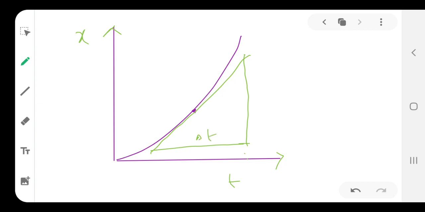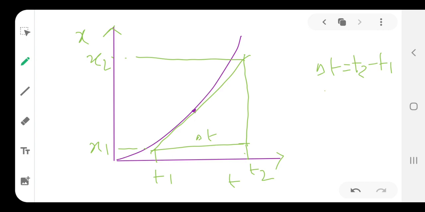Say this is t1, this is t2, so delta t is t2 minus t1, and this will be x2, the final distance, minus the initial distance x1. So this will be my delta x. So my delta x is x2 minus x1.